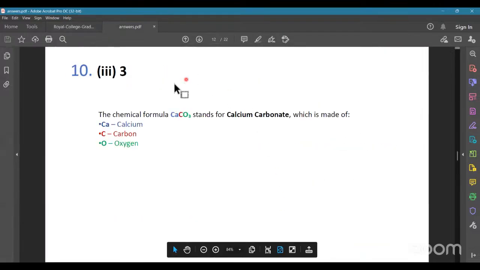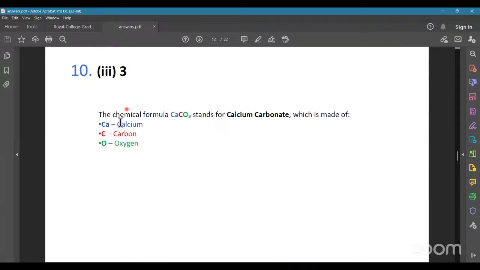Calcium carbonate is made up of calcium, carbon and oxygen. There are three elements, calcium, carbon and oxygen. So calcium carbonate is made up of three elements. So 3 is the answer.